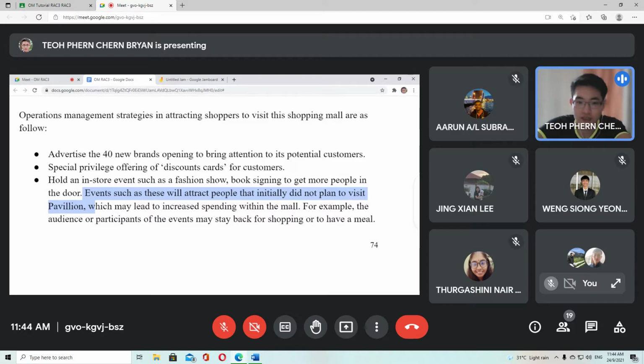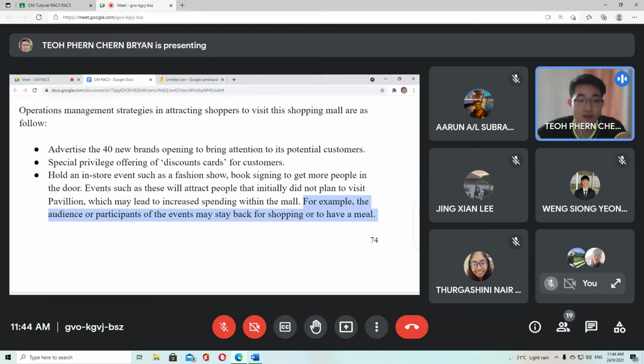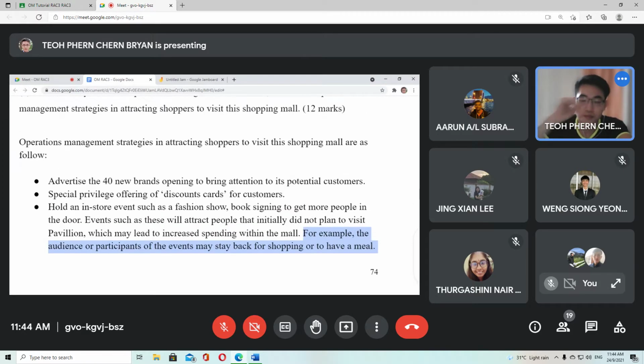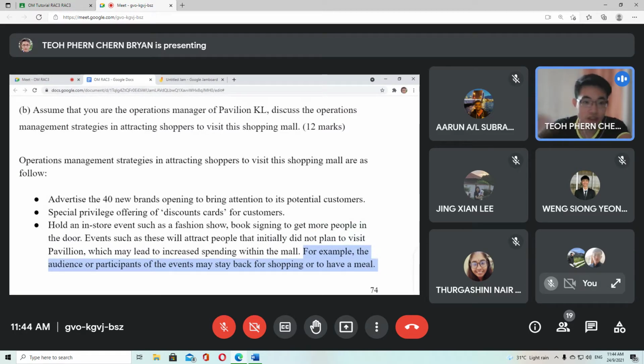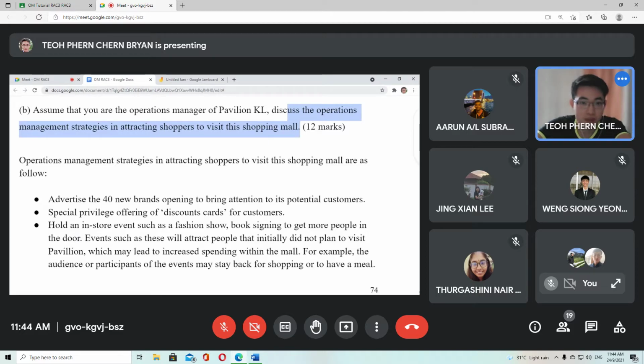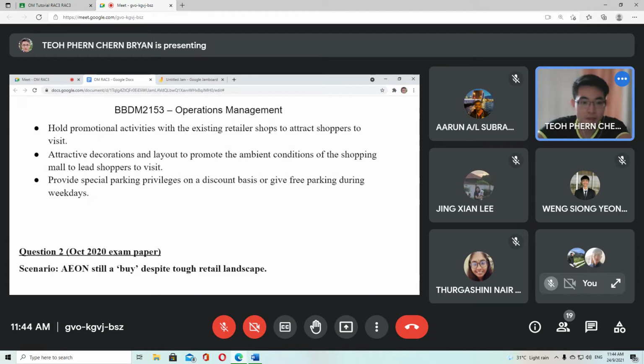For example, after the event, they stay back for dinner or they go shopping since they're already there. So you just want to think of ways to justify your answer, strengthen your answer, and then at the end always give an example, even though the question never asks you to give an example. We always give the example because we want to secure our marks. So this is question B.